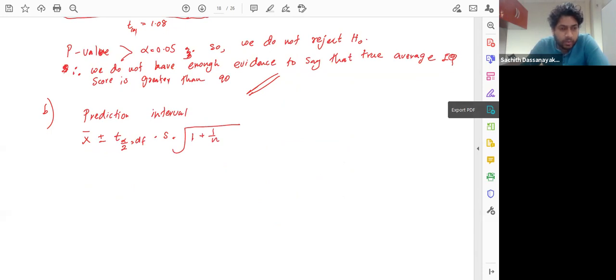This is the equation to find the interval, plus and minus. There are two values.